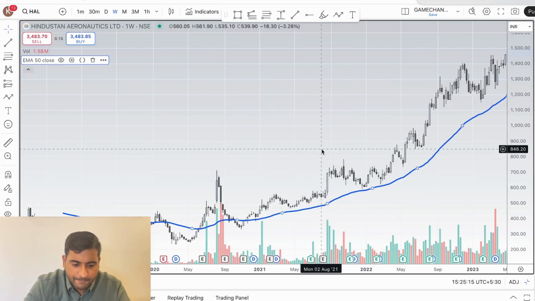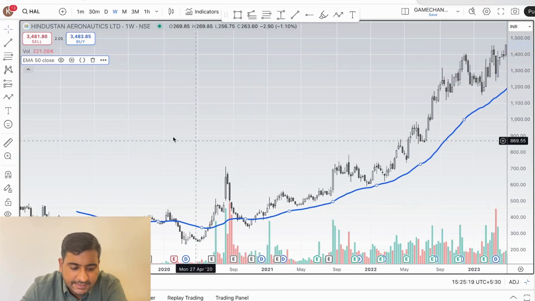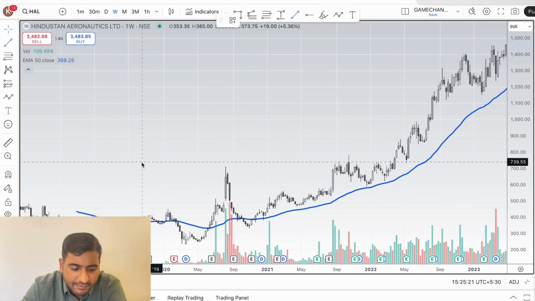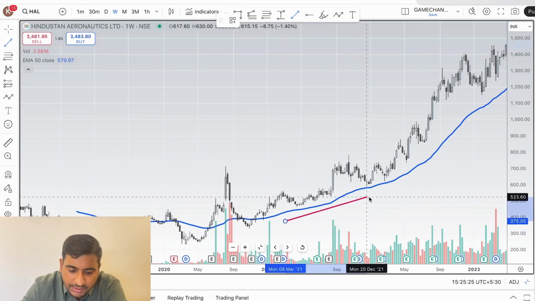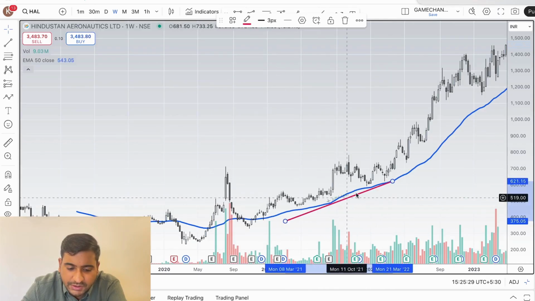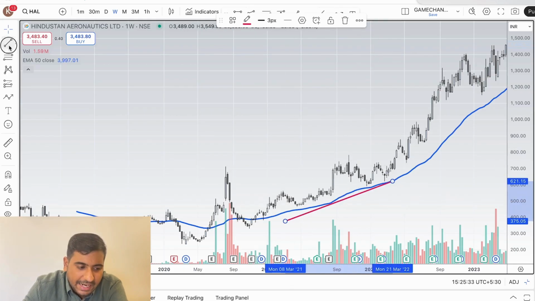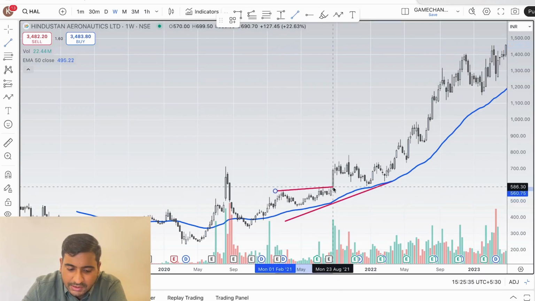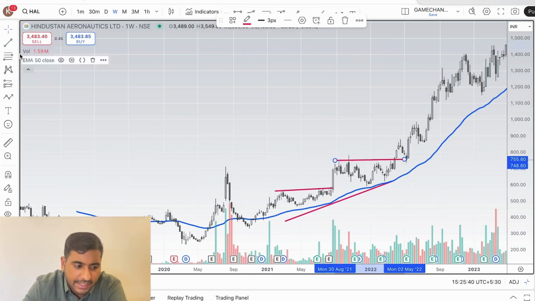Right? And then okay. So what we can see on this moving average is that when this moving average turns and starts becoming bullish, the price of the stock becomes bullish and the Dow theory is also making higher highs and higher lows.